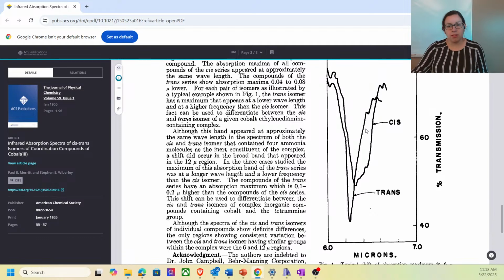IR is relatively simple there. So we're just appreciating that these two different forms have different stretching frequencies, and we could relate that all back to the orbitals and those different energy levels. So all that is related.